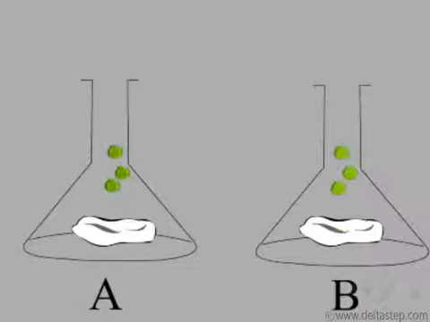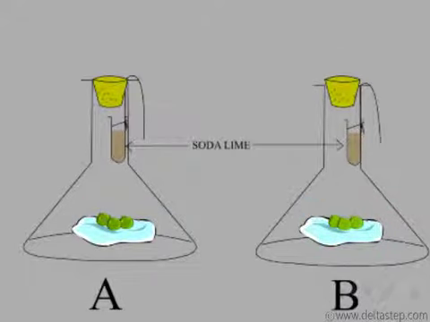Now these beans are kept in a conical flask and water is sprinkled, and then soda lime is put.